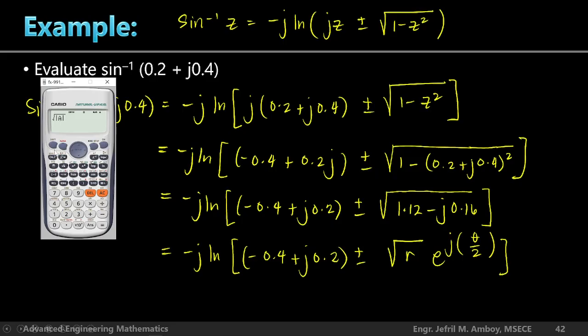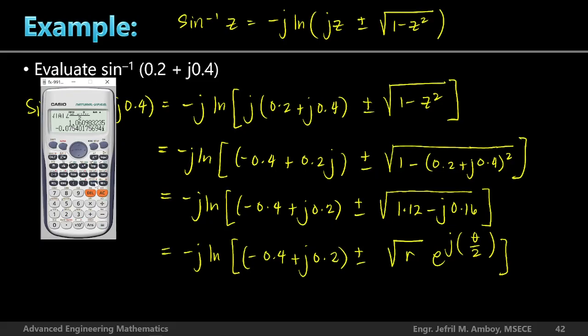Tapos yung angle: shift, complex, piliin mo lang yung 1, kasi yun yung argument. Argument of A, tapos i-divide mo siya ng 2. Ayan. So, pag pinindot ko yung equal sign, in-evaluate ko na yung square root ng complex number.